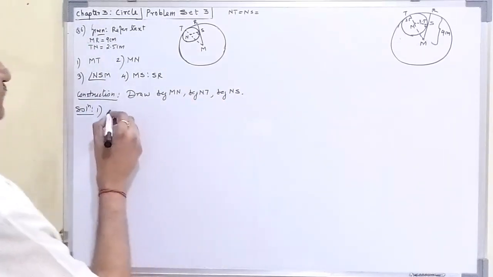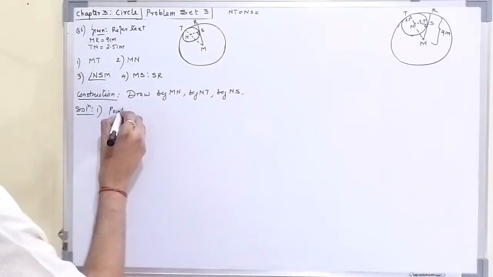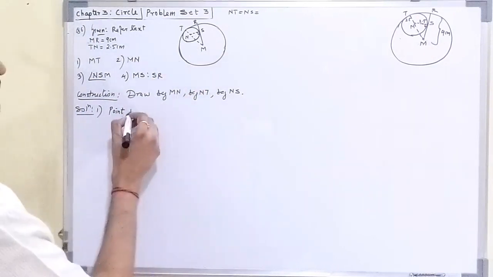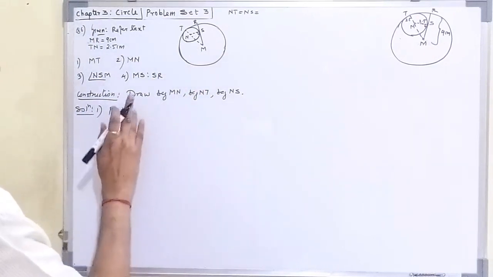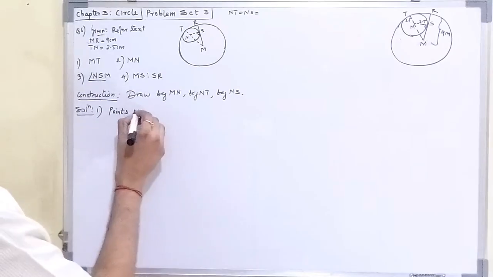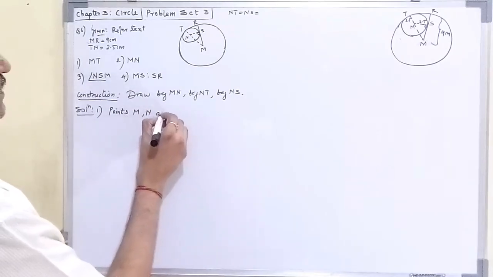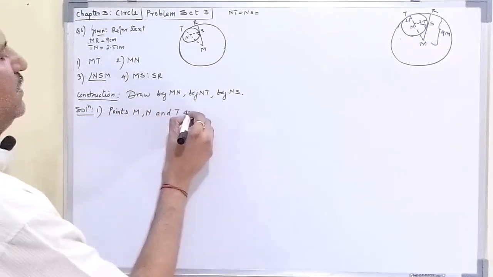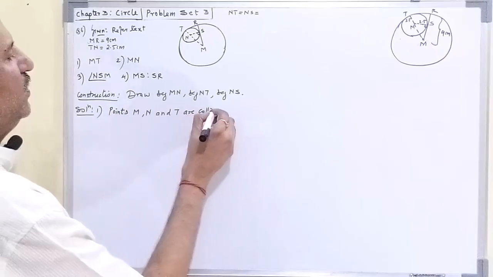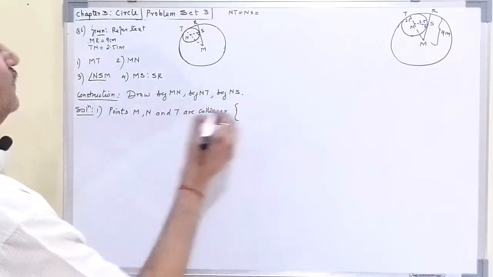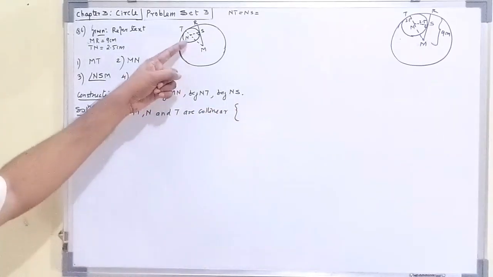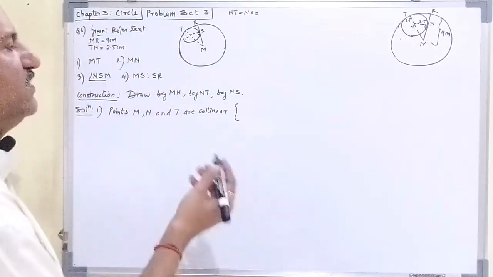So start करते हैं. कंस्ट्रक्शन लिख लिया. Points N and T are collinear. Points M and T are collinear. उसका रीजन क्या है?